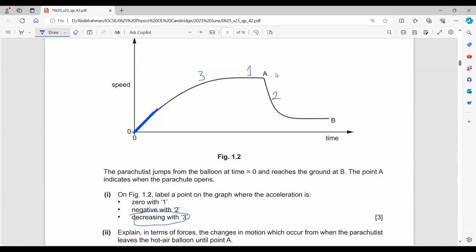But initially, the acceleration was constant. Initially, he was falling with a constant acceleration, because the only force acting on him was his weight.